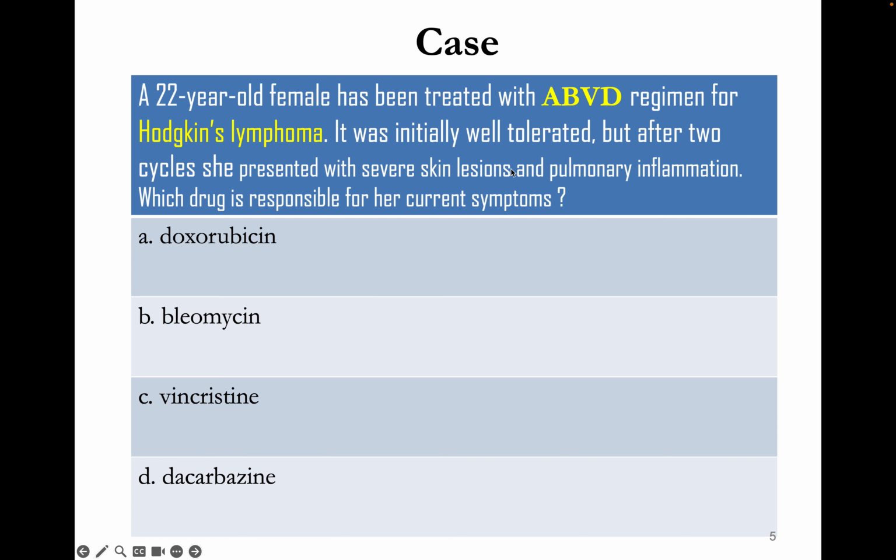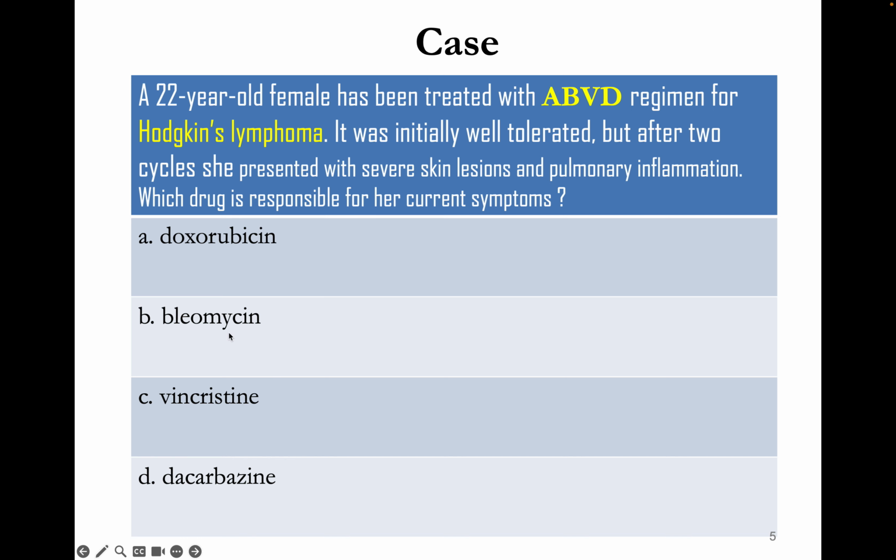So out of these, the question is which drug in this regimen causes skin lesions and pulmonary inflammation. So doxorubicin, you know that already. Rubicins or red devils, they cause the cardiac toxicity. So that's not the answer. Let's look at this one. Vincristine, remember, that caused peripheral neuropathy.